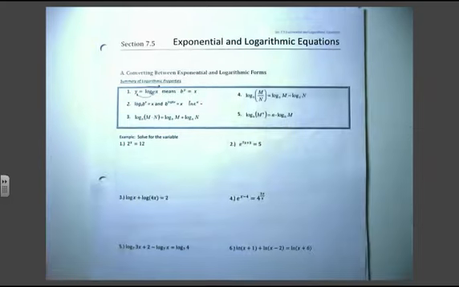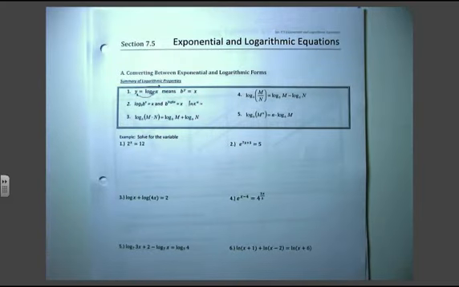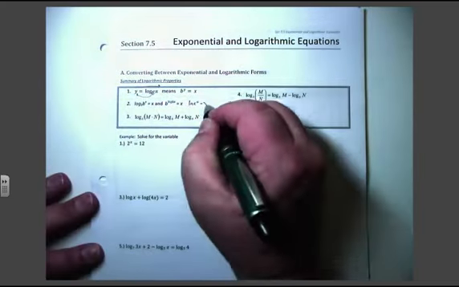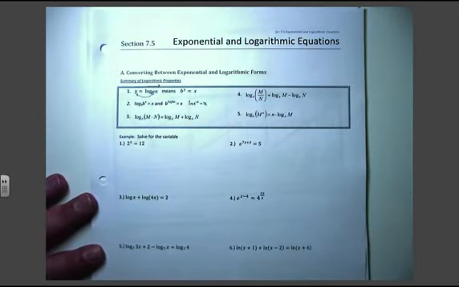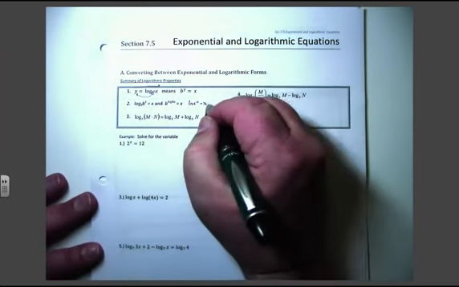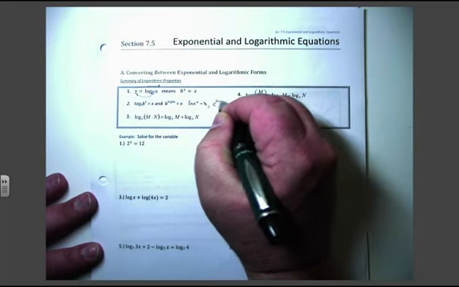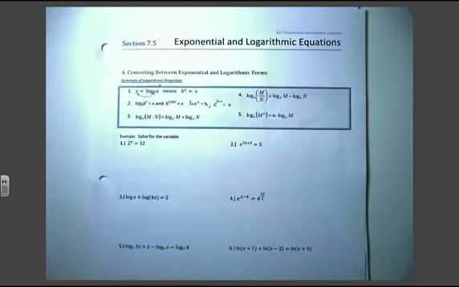Natural log and e's are inverses, so they cancel. You're left with x. Similarly, e raised to the natural log of x is also equal to x. If I had base 10, then the common log of 10 raised to the x would be x, and 10 raised to the log base 10 of x would also be equal to x.